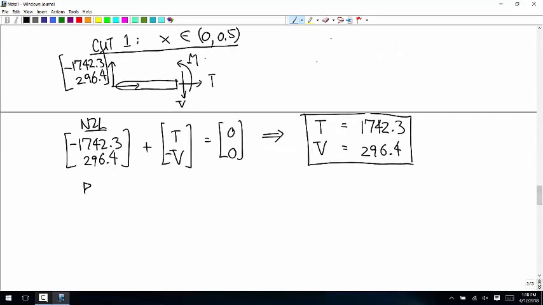And then the moment equation: neither of these two force components on the left produce a moment. So we just have M minus Vx is equal to 0. So M is equal to 296.4x.